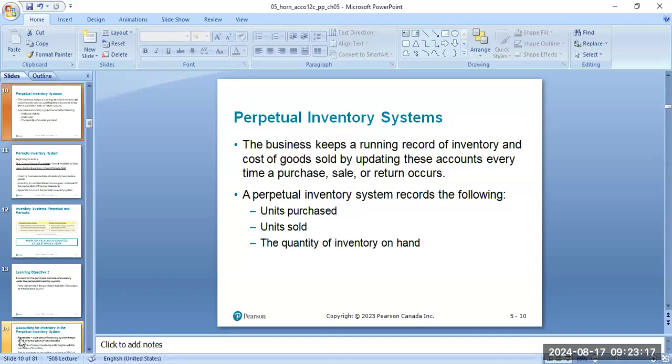For that reason, we're going to have a perpetual inventory system. It's very imperative for you to understand the perpetual system, because next time we're going to build on this, and we're going to calculate the cost of goods sold under the perpetual system.